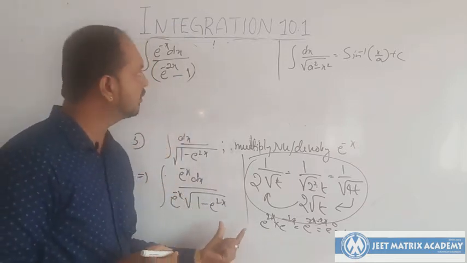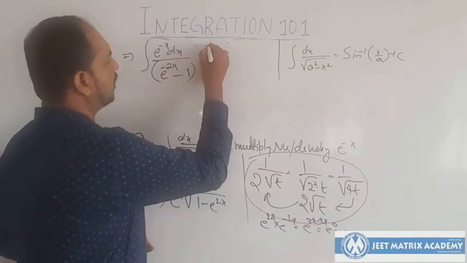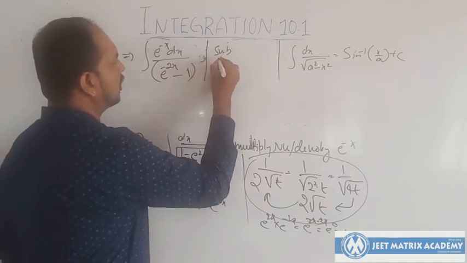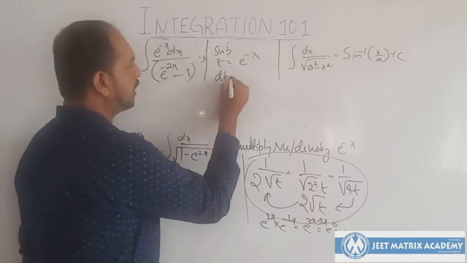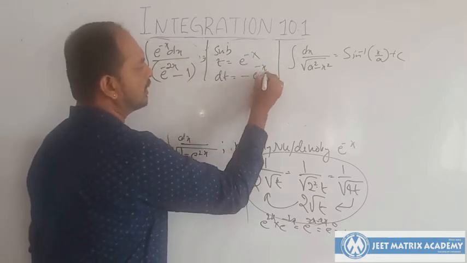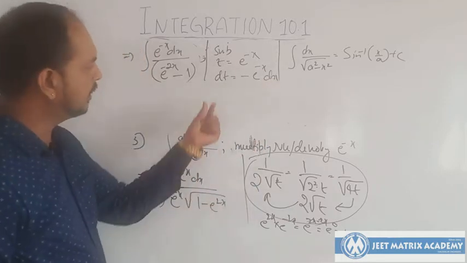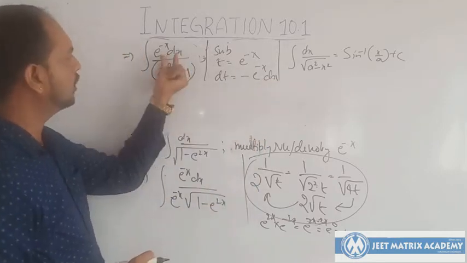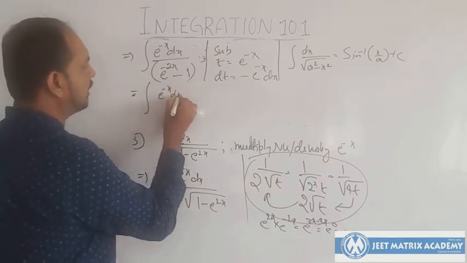So you should not get confused. Okay. So now what you can do is substitute t as e to the power minus x. If you differentiate this, what happens? Minus e to the power minus x into dx. The dx I am taking to this side. So now you see, rewrite this e to the power minus x dx.